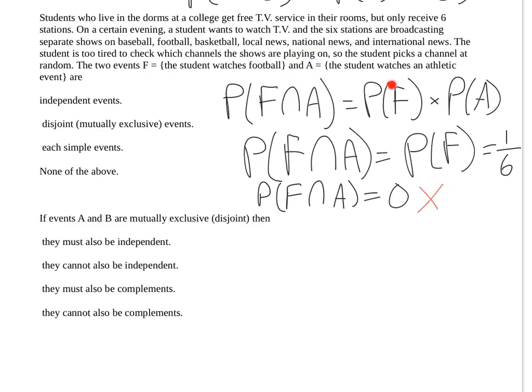But the student watching an athletic event, that's not a simple event, and here's why. You could be watching an athletic event if you're watching baseball, football, or basketball. Right? So there's actually 3 simple events inside this one. But this one isn't a simple event. So they're not each simple events there.